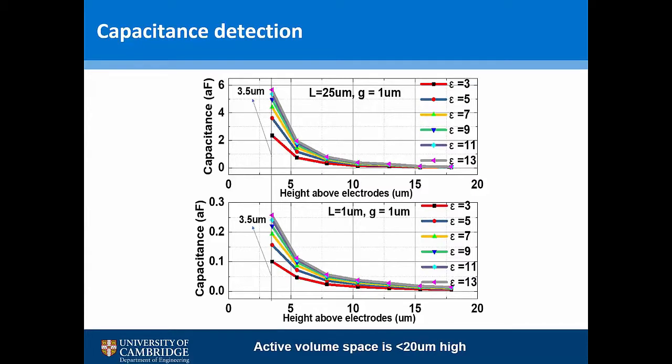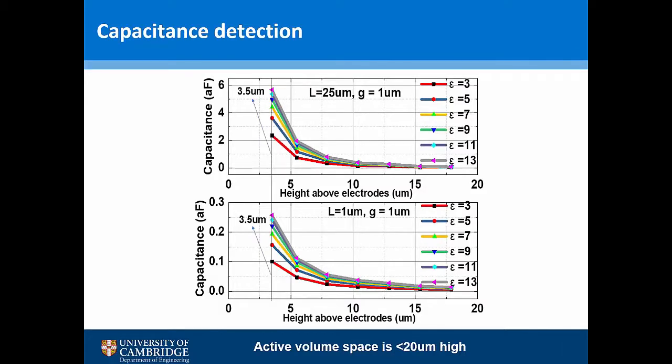We then compared electrode widths of 1 micron and electrode widths of 25 microns. We just wanted to see the effect of increasing the electrode dimension, and we can see that by increasing the electrode width, we get higher signal levels, obviously because the field is higher.